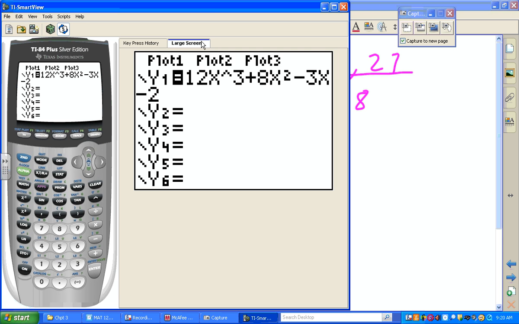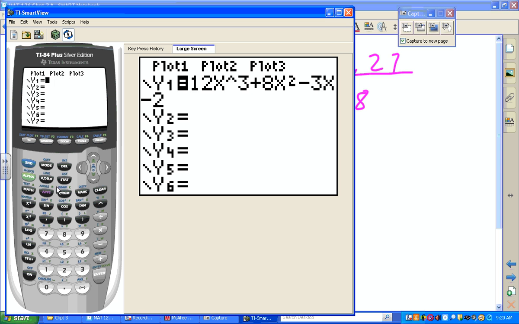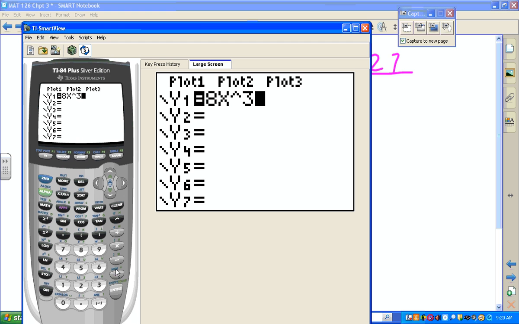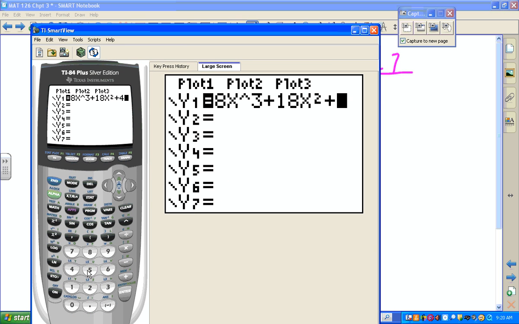Y equals on the large screen 8x cubed, 8x caret 3 plus 18x squared plus 45x plus 27. All right. Let's see.